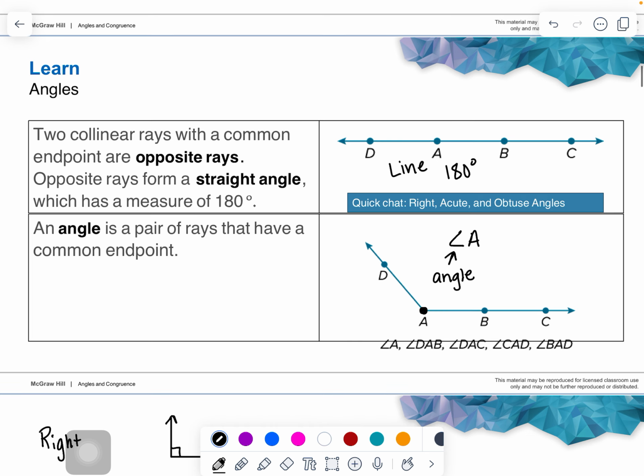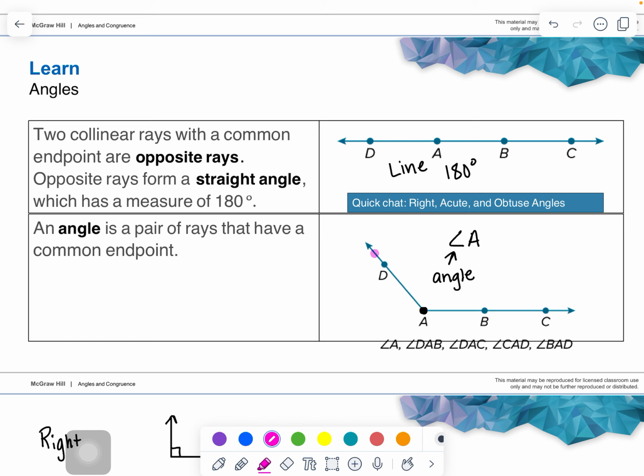So for instance, if we had something like this, and we had multiple points on here, and it said A, B, C, D, this angle would not be called angle A, because this angle could be angle A, or this angle could be angle A. It's not clear which one's angle A. So the only time you can call an angle by its vertex is when it is straightforward, when there's only one angle, and it is always the angle that is less than 180 degrees.